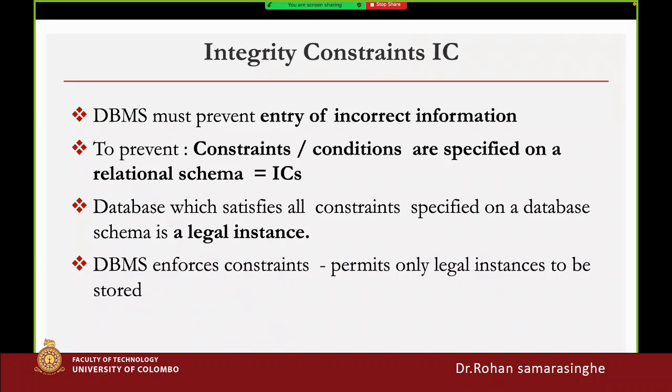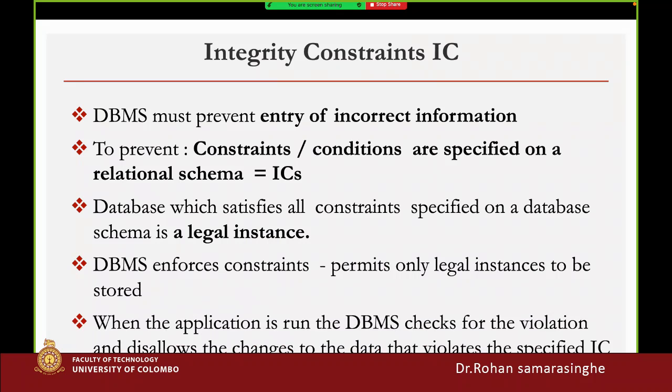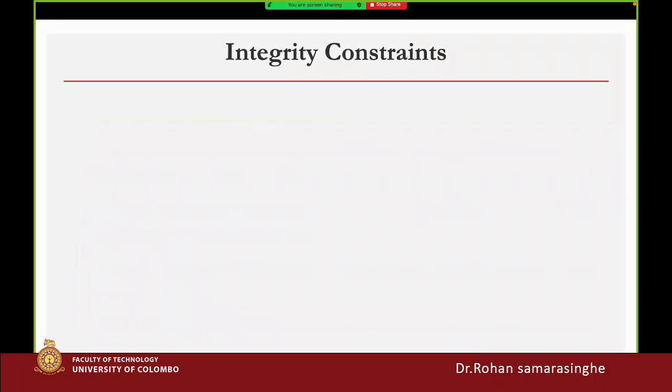When the application is run, the DBMS checks for violations and disallows changes to the data that violate the specified integrity constraint. That's why you will be given an error message if you violate these values.